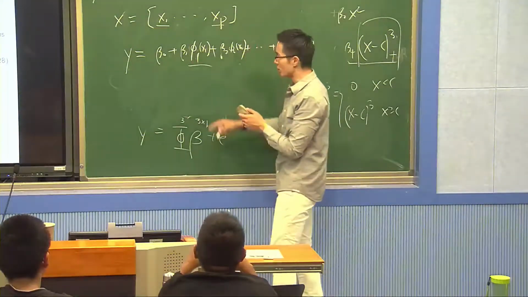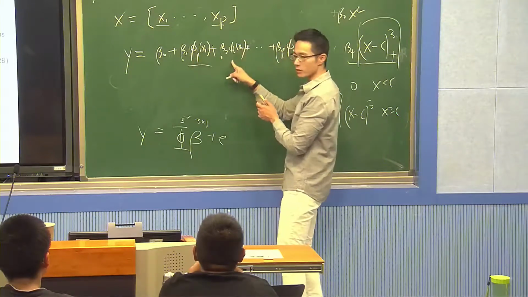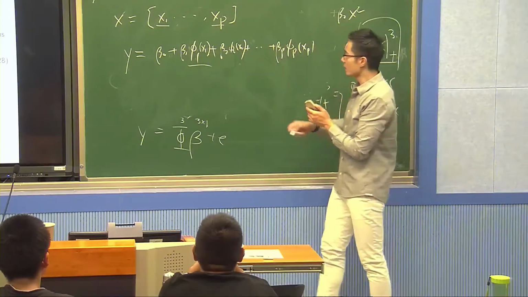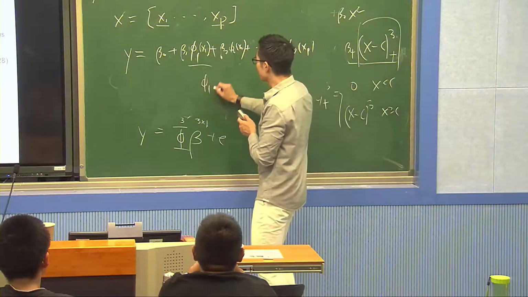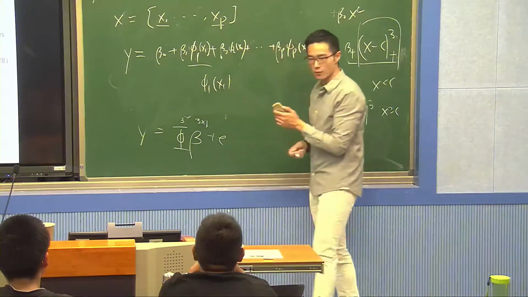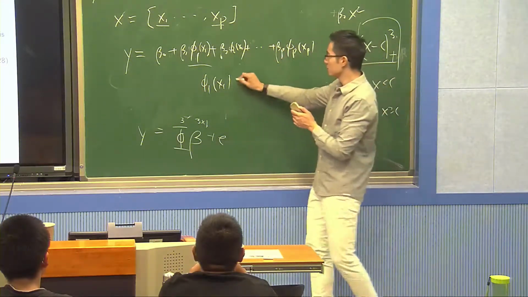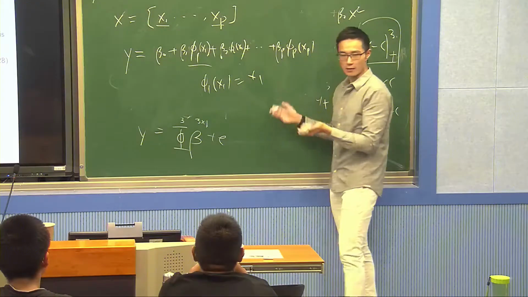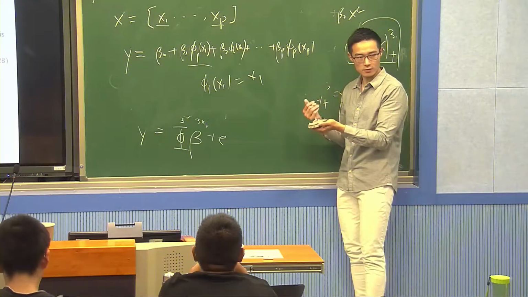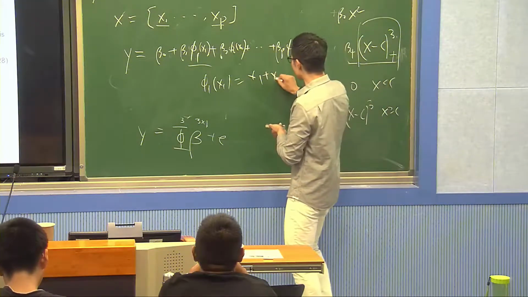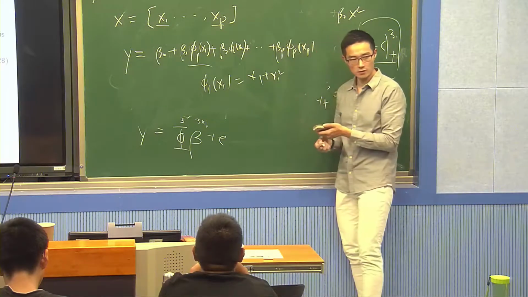And this is actually a feature transform. We're transforming x1 into this function, x2 into this function, x3 into this. Now, what is this function of x1? Well, it can be anything. At the simplest, it can just be x1, and that's a linear regression. Or it can be x1 plus x1 squared, which is a polynomial.